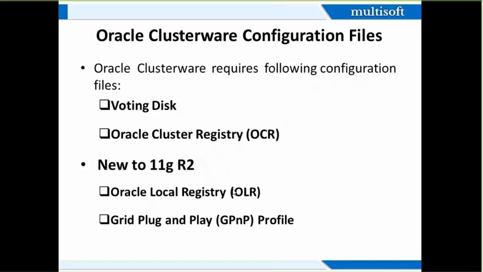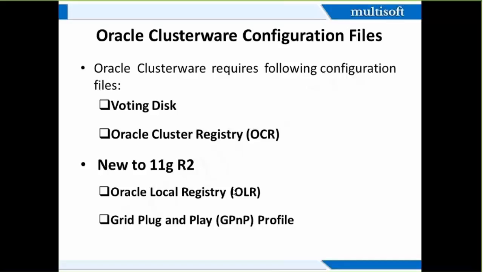The second thing is OCR. OCR is to store and manage the information about the components that Oracle Clusterware controls. As I have mentioned, it maintains the registry of all the resources. So where is the registry stored? The registry is stored in OCR, the Oracle Cluster Registry, right?